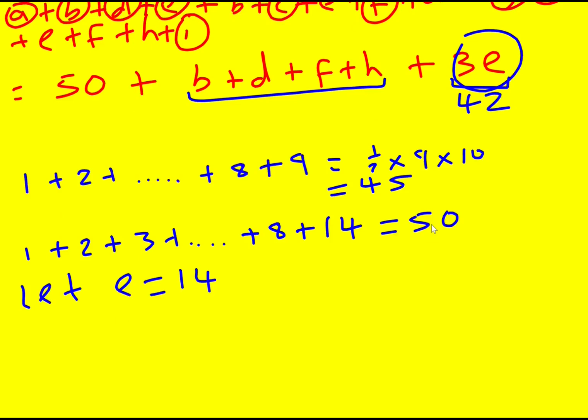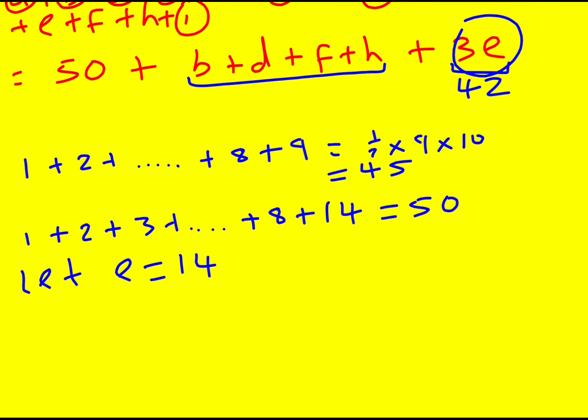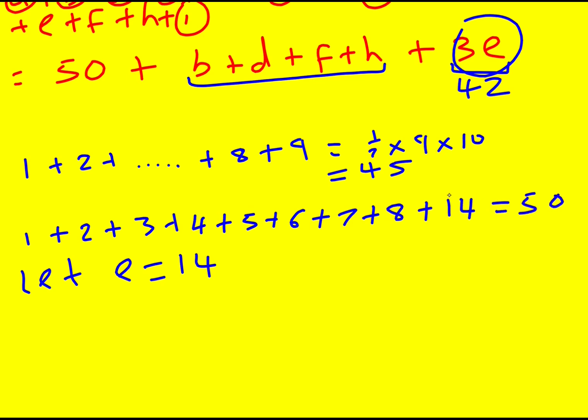Right, now what we're left with, actually I probably should have written it in full. Let me do that. Okay, so I've dealt with 14. And after that, I want to make B, D, F, and H as large as possible.